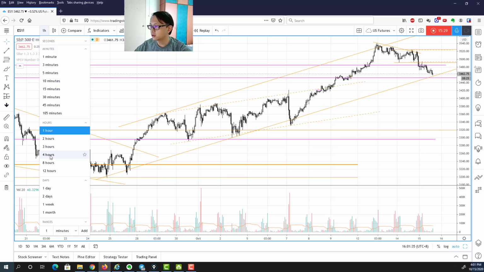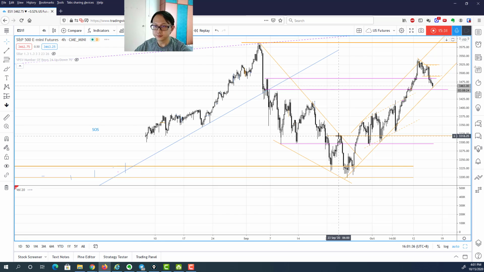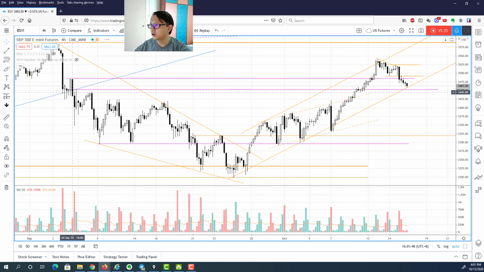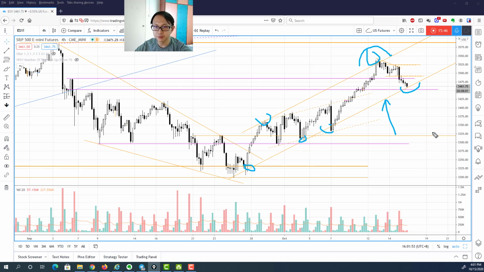I think 4 hour could be better. Okay, so you can see that this is the 4 hour time frame, and so far I think we're still within this up channel here. So it touched the channel overbought, and subsequently right at this demand line of the up channel.